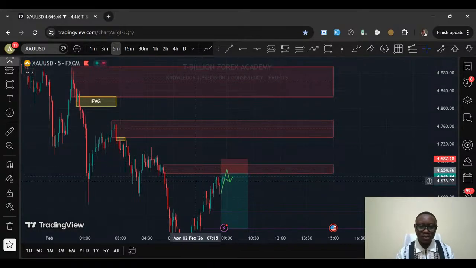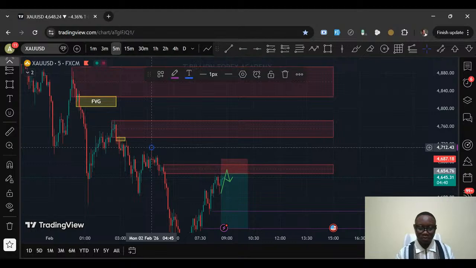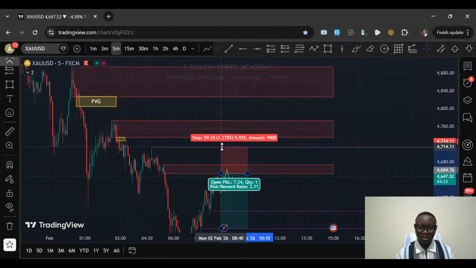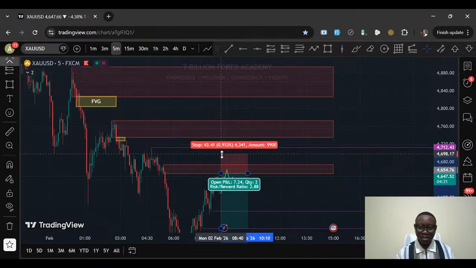Now if you are taking a trade here, the best SL is this. But of course, we can't take this. This is way too much of an SL, considering the fact that the market is very volatile.